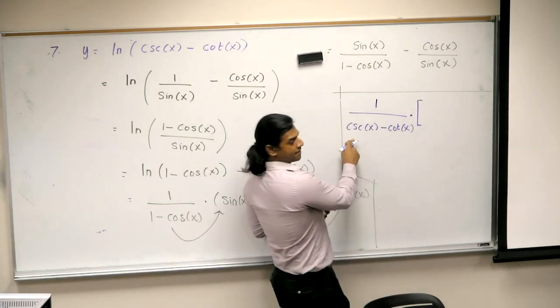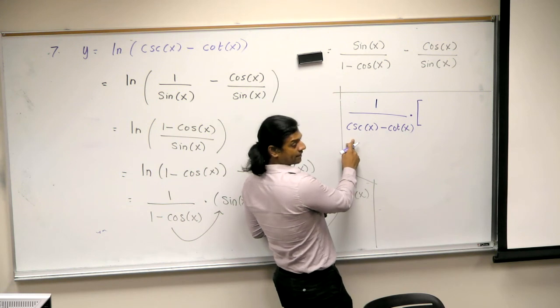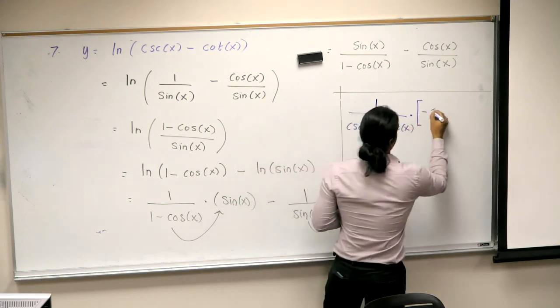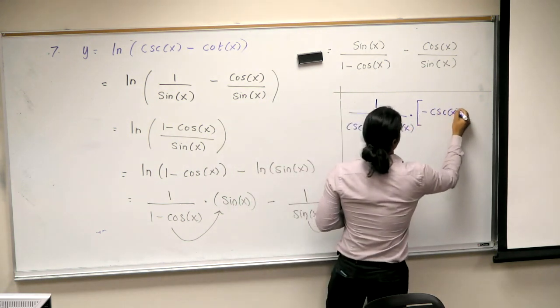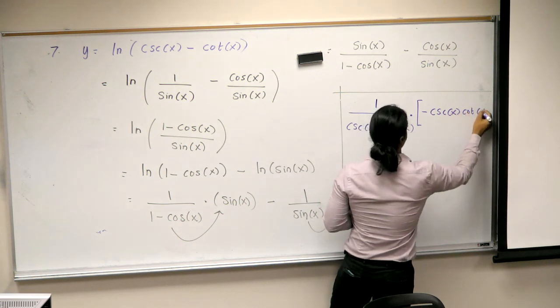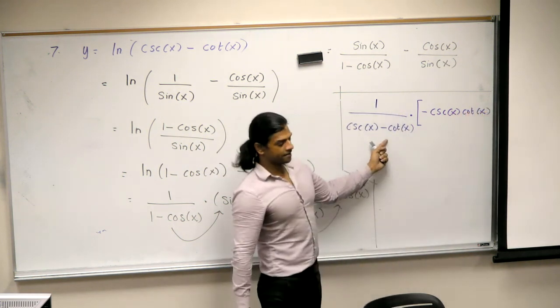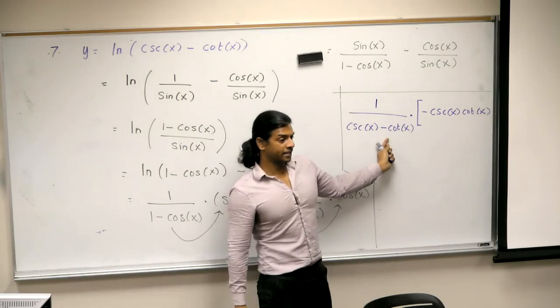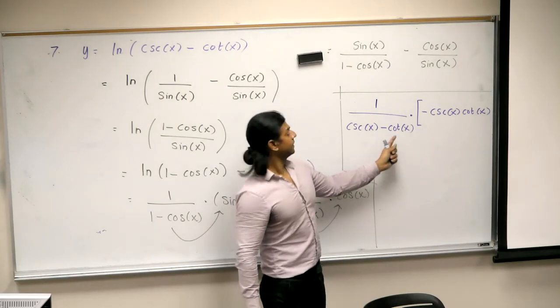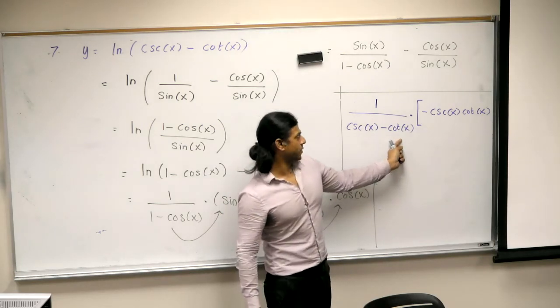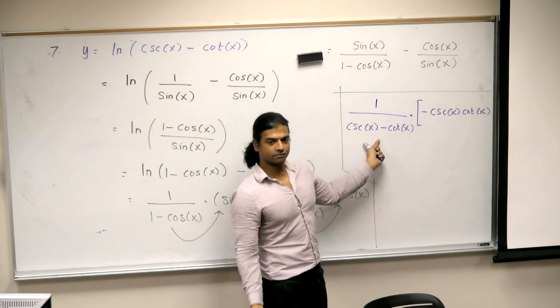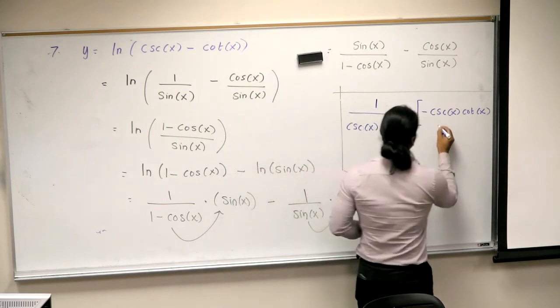What is the derivative of cosecant x? Negative cosecant x cotangent x. What is the derivative of negative cotangent x? The derivative of cotangent is negative cosecant squared x, and we've got a negative in the front, so positive cosecant squared x.